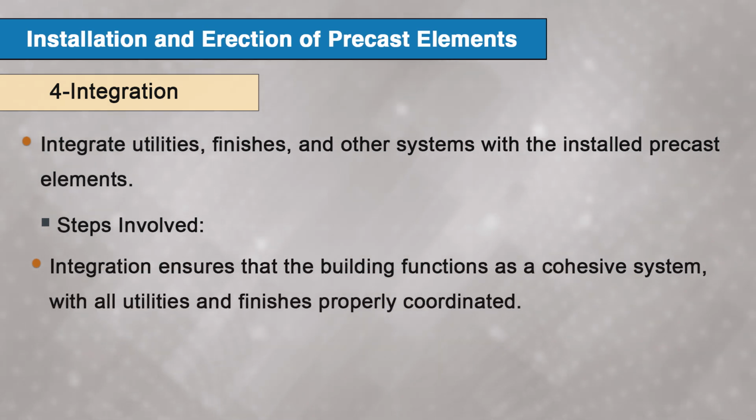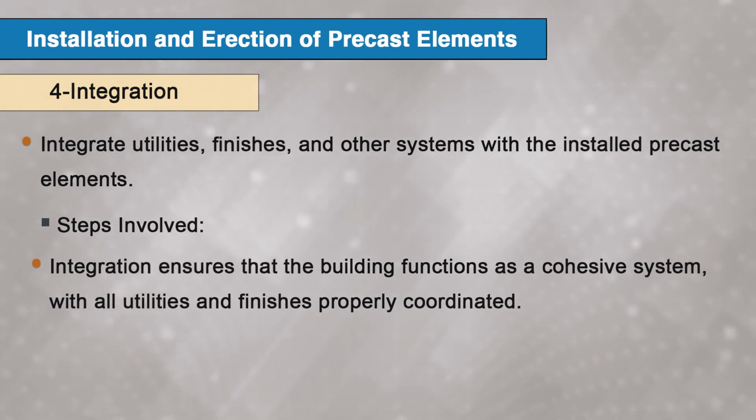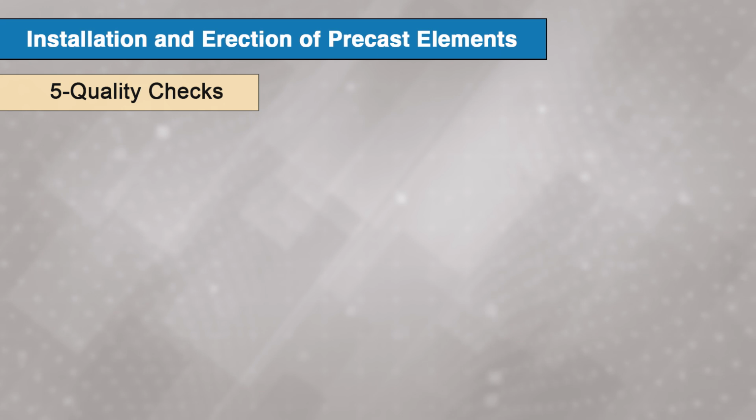Integration ensures that the building functions as a cohesive system with all the utilities and finishes properly coordinated. As a practical insight, we have to plan the integration process early to avoid conflicts between structural elements and building systems.